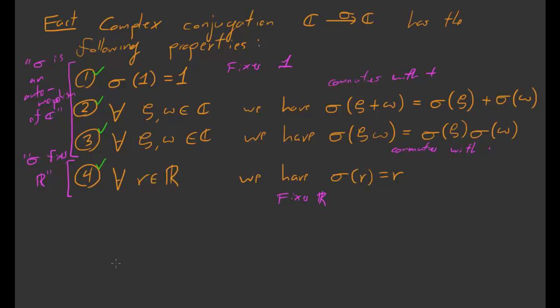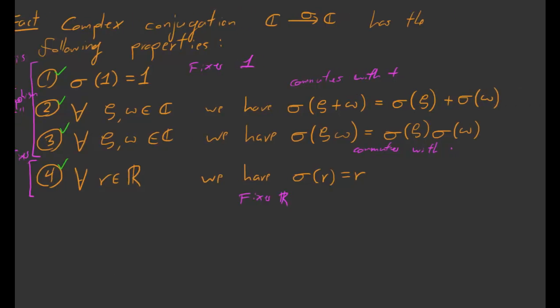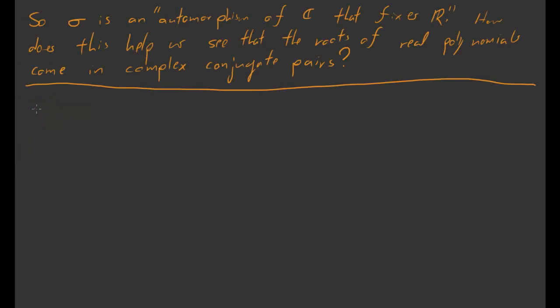All right, so now let's see how these four properties give us what we want, how these four properties imply that the roots of real polynomials come in complex conjugate pairs. So let's let P be a real polynomial. Let's write that P of x is equal to C0 plus C1 x plus ... plus Cn x^n.